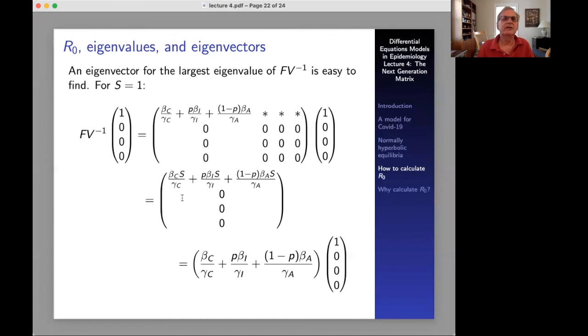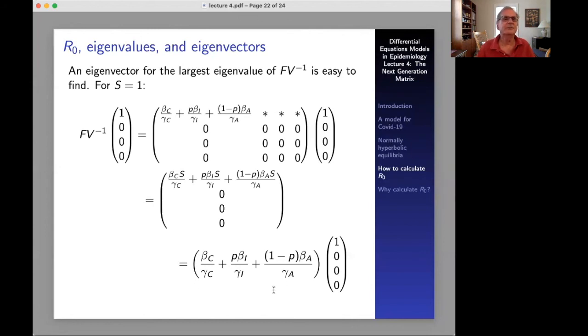And if I factor out this number, it's just this number here times the vector 1, 0, 0, 0. That's what an eigenvector is. When you multiply your matrix times a vector, you simply get a multiple of that vector, and the multiple is the eigenvalue.